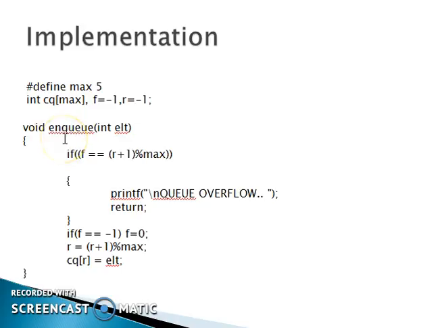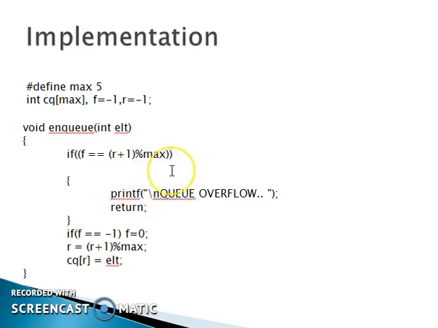So this NQ is for inserting an element into the circular queue. The queue overflow occurs whenever front becomes equivalent to rear plus 1 % max. So this condition is for employing wraparound mechanism.